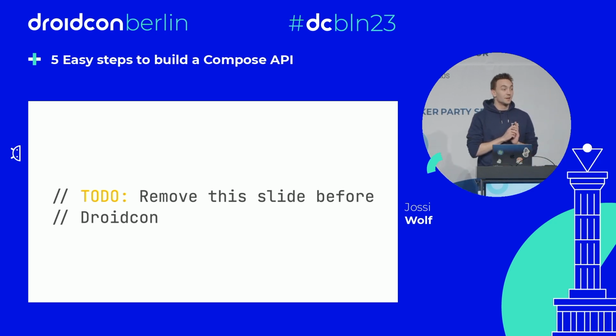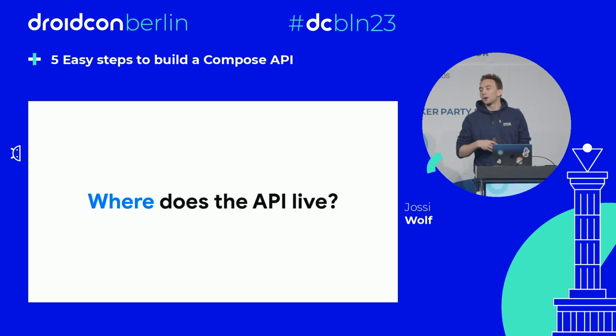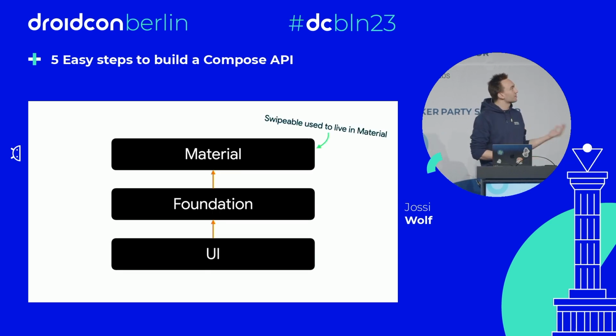Next up, this might be more of a thing that we do in the Compose team, but if you are working on a multi-layer design system, this is also interesting to you. Where does the API actually live? In Compose, we had these swipeable APIs, which were living in material.